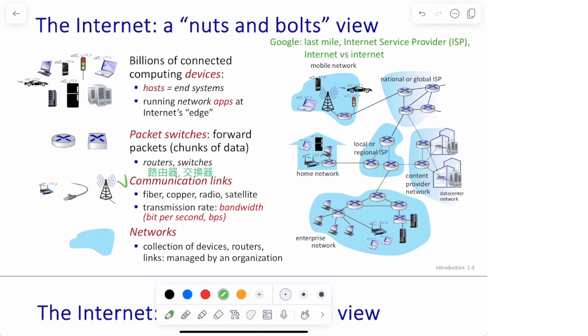Generally speaking, in modern networks, usually the communication links should be something like 100 megabits per second to 1 gigabit per second, something like that. We will talk about the characteristics of different communication links and their capability to transmit messages in later chapters.